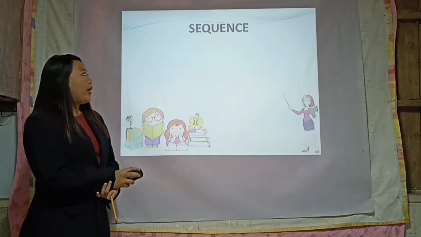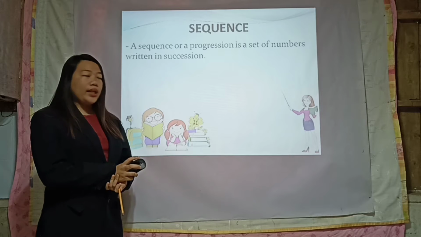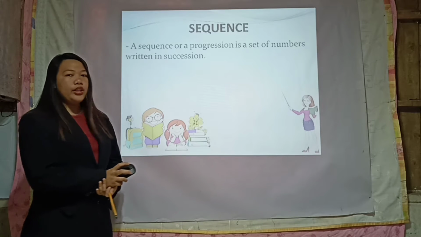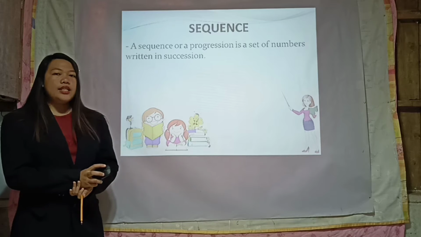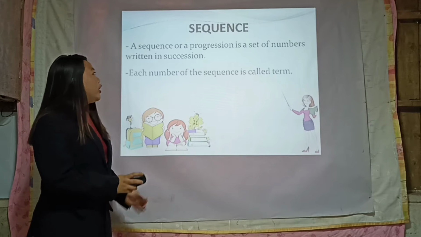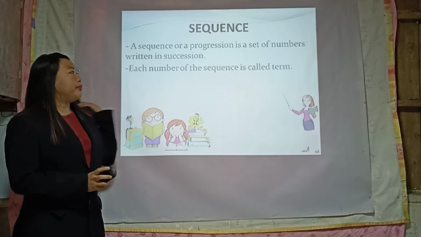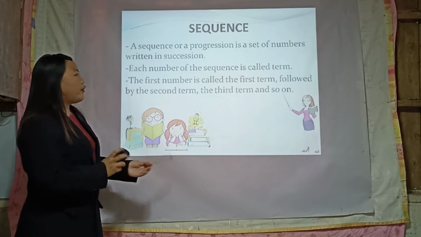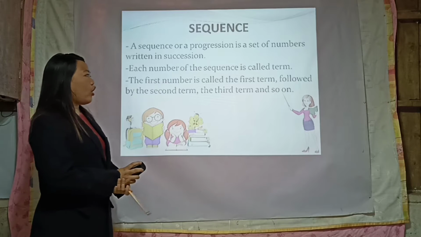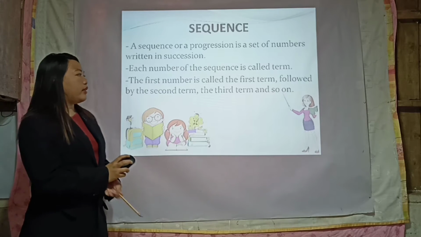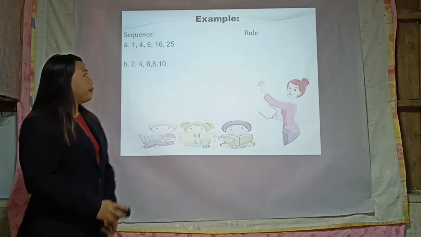So, sequence. A sequence or a progression is a set of numbers written in succession. Each number of a sequence is called a term. The first number is called the first term, followed by the second term and third term, and so on.